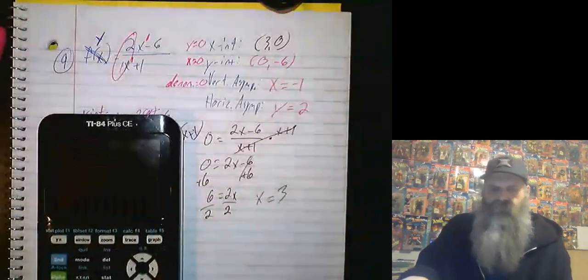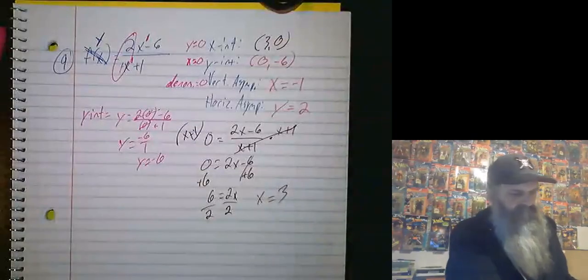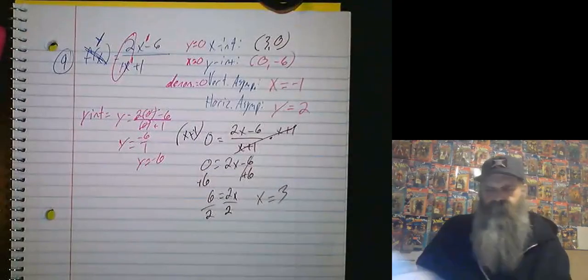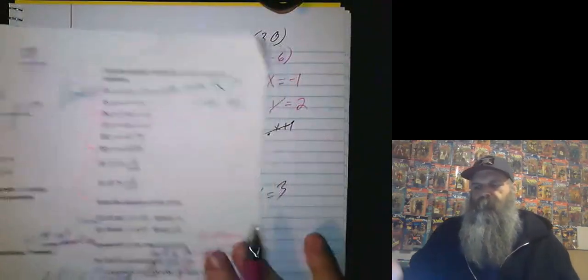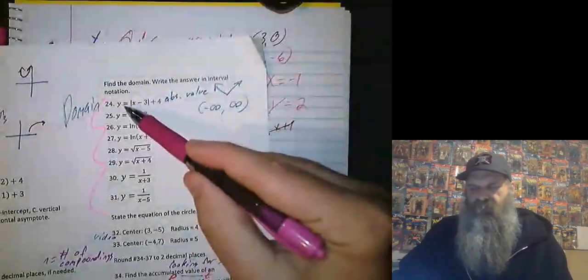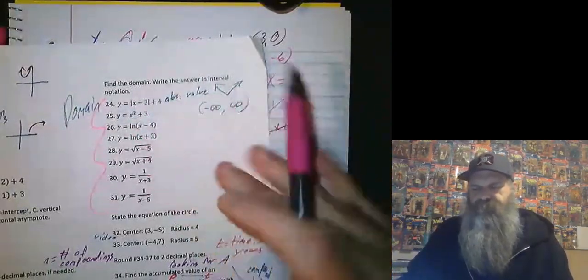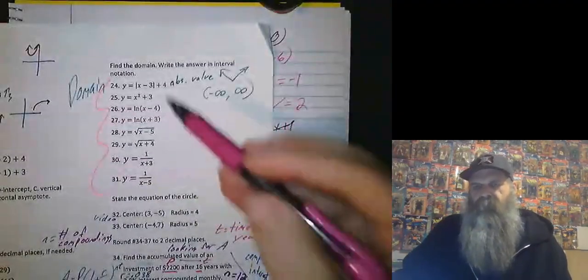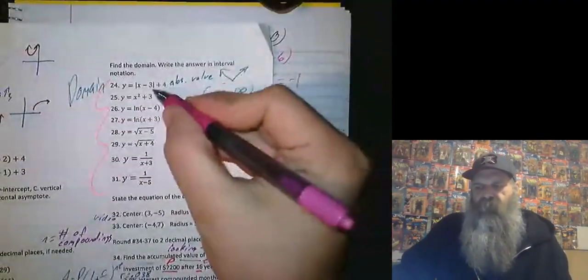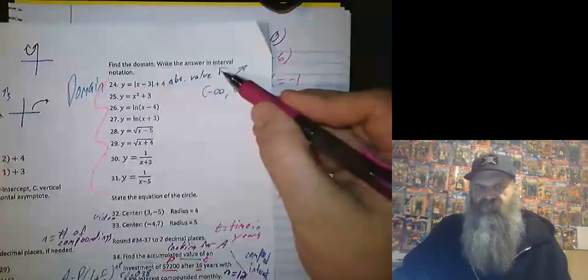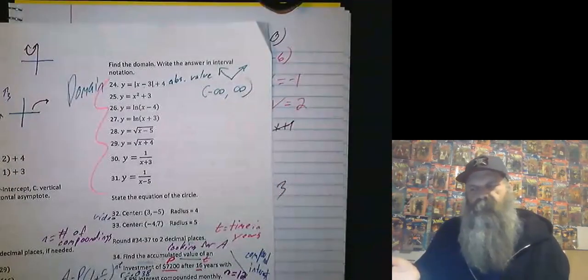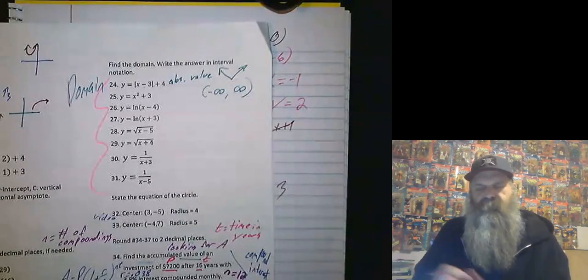And so let's move on to the domain questions. The domain, so like 24 through 31 on the review. The domain for any absolute value graph makes the V shape, and so the domain is, there are no restrictions.